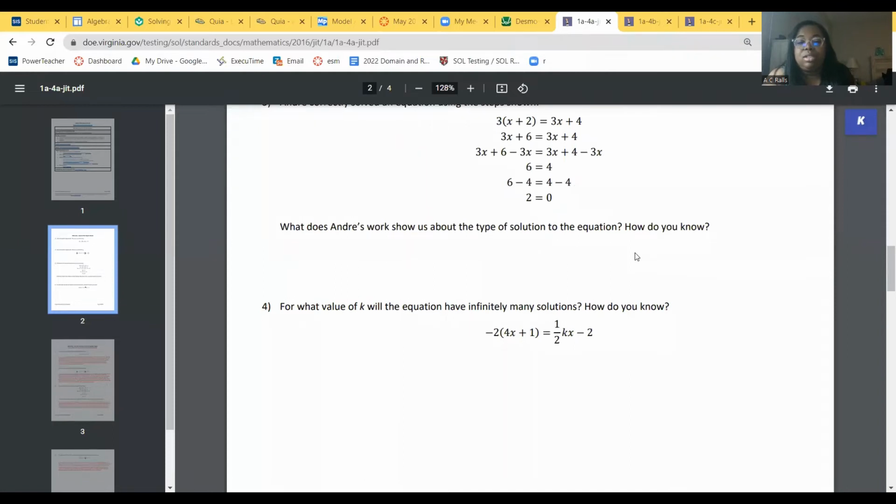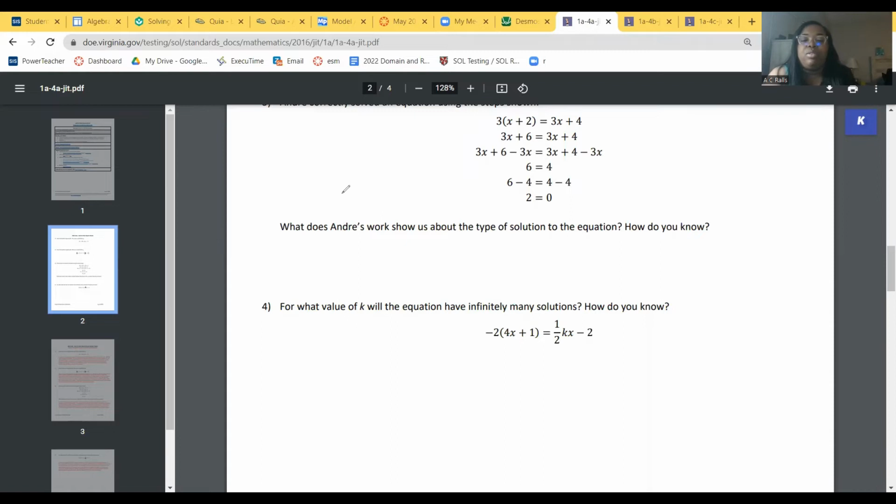For equations, it says for what value of k will the equation have infinitely many solutions? How do you know? What's significant about infinitely many solutions is that when you end up like Andre did, you wouldn't end up with 2 equals 0.